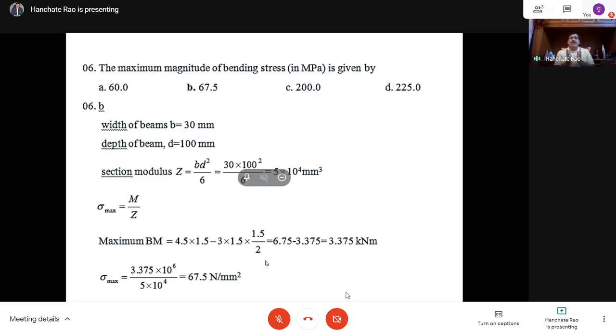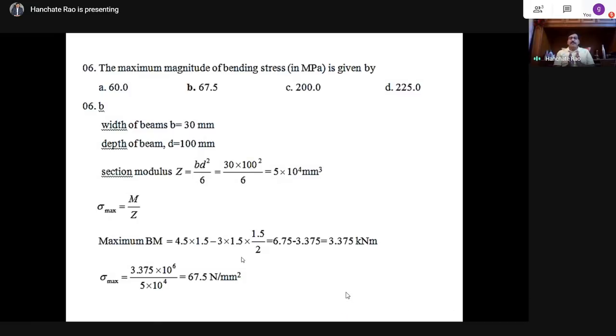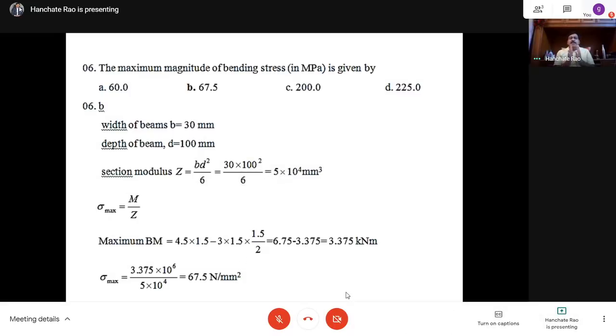Don't mug up anything. Don't try to remember anything as far as possible. Try to minimize the things to remember. Don't put pressure on your mind. Try to minimize the things you have to remember when you go to the GATE examination. By seeing and understanding the concept, tackle the problem.